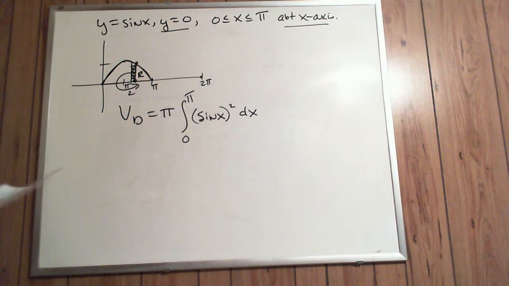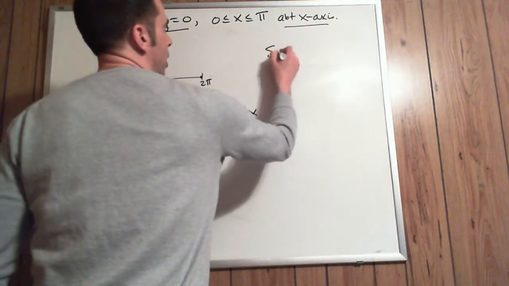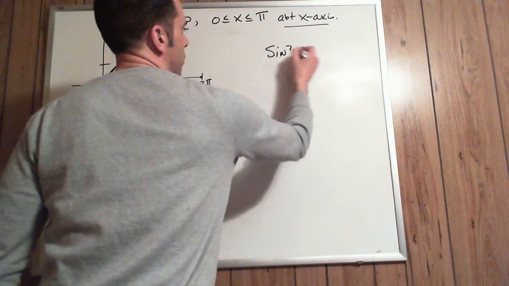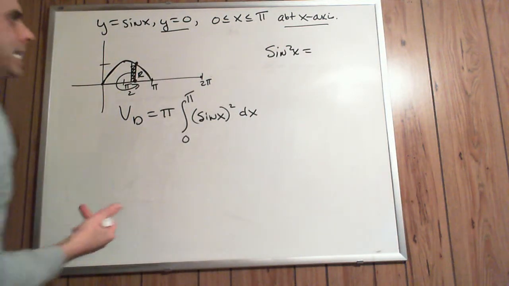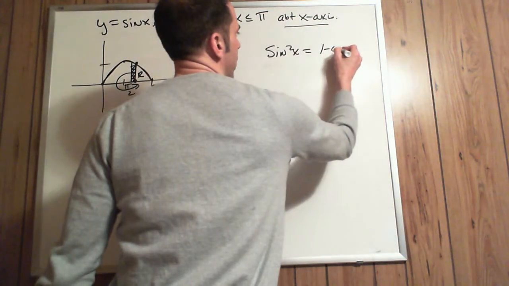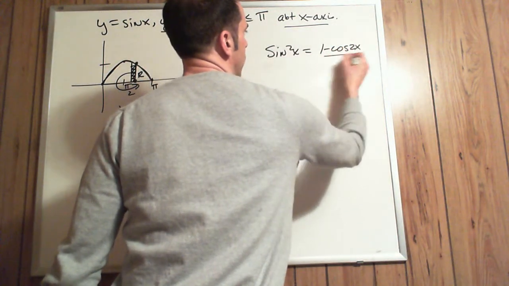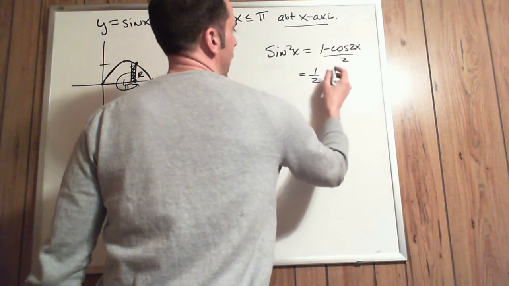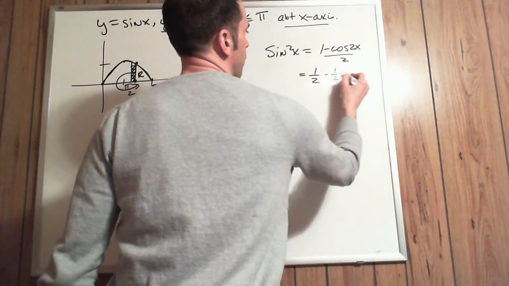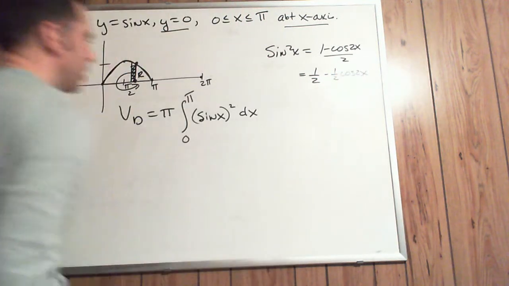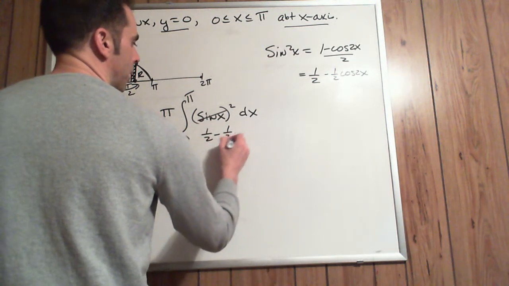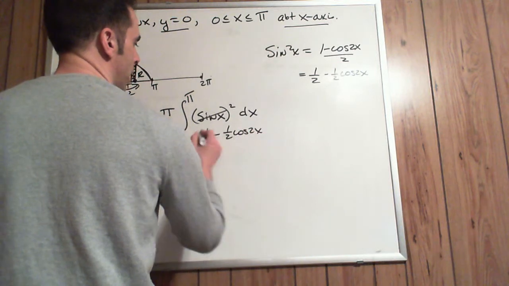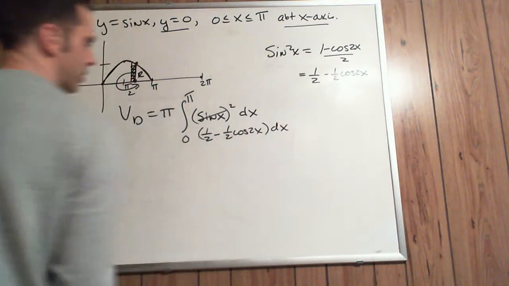If you remember this one, we have a sine squared x. Remember, a singleton sine to an even power, we have to use the identity 1 minus cosine of the double angle over 2, which is 1/2 minus 1/2 cosine of 2x. So then this will become (1/2 minus 1/2 cosine 2x) dx.